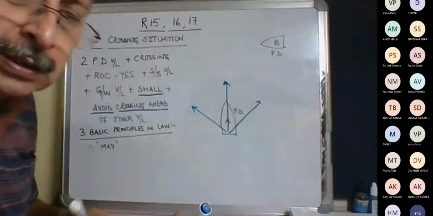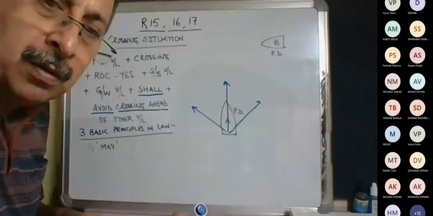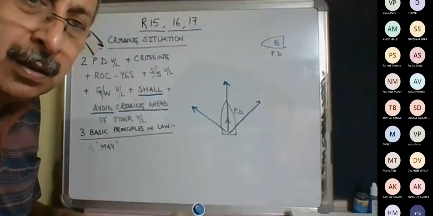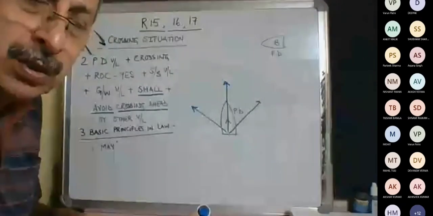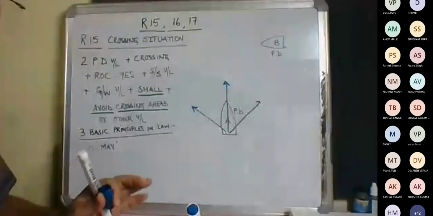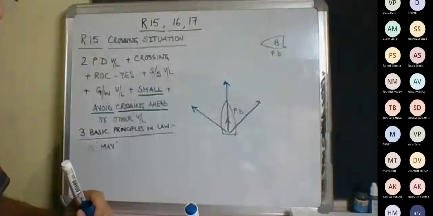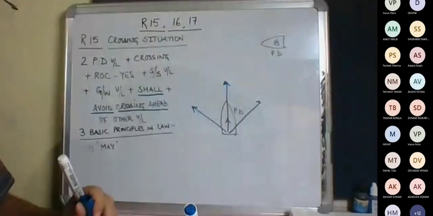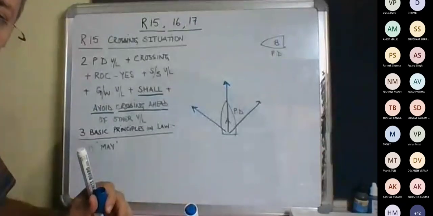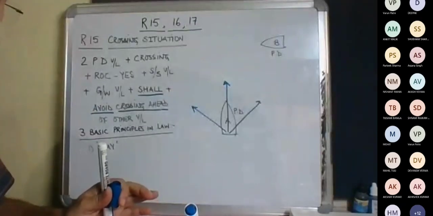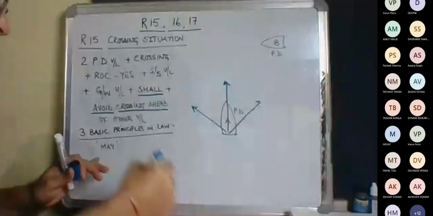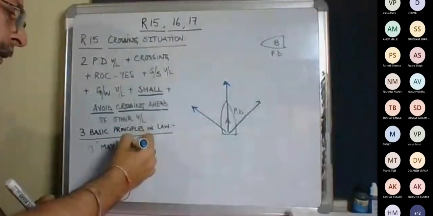You may do this. You may do so and so. So what is this word may trying to tell you? Is it trying to tell you you should do this, or you have an option?